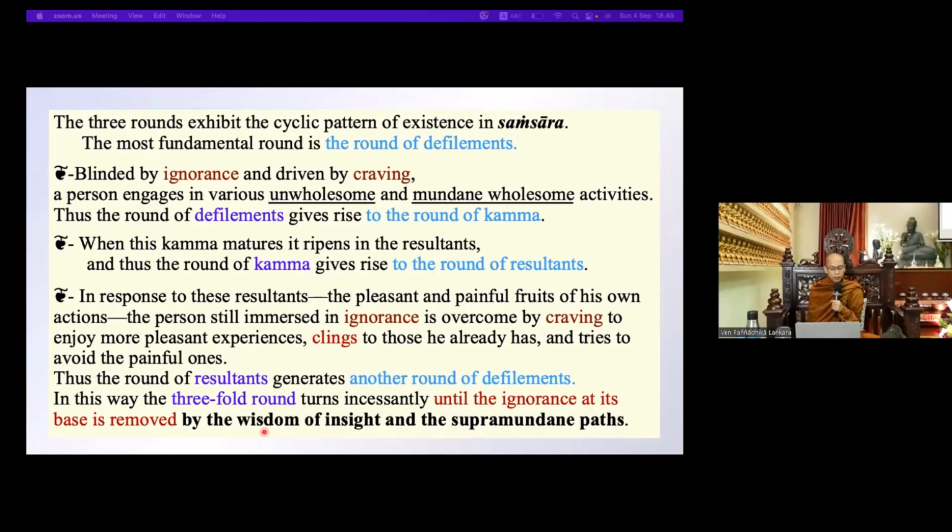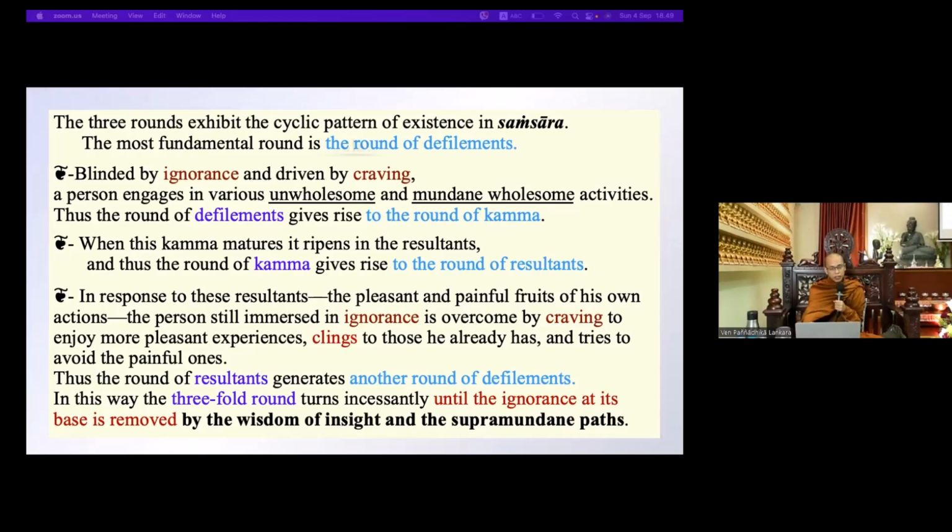When the person attains the Arahatta Magga, the ignorance is totally removed. At that time, there is no more production of life. This is the way we can stop the three rounds of samsara. As long as we cannot remove the ignorance, this will continue.